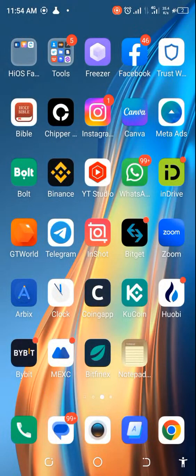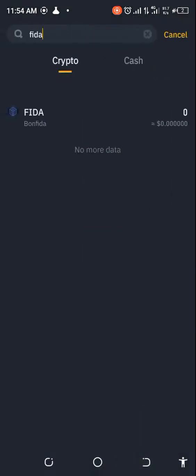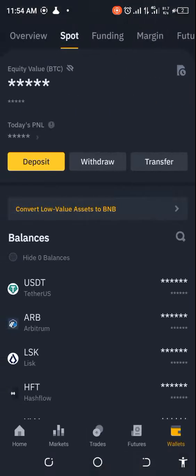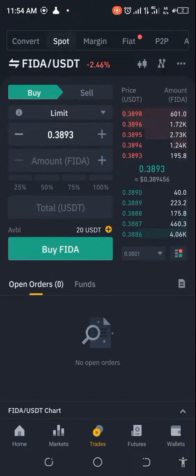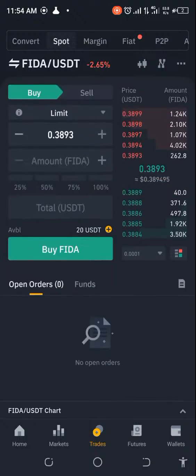So let's go ahead and quickly do this before it goes down again. Don't forget that opportunities never remain the same. Because opportunities never remain the same, we just want to be sure that we're not wasting too much time. So what do we have here? 0.3893.